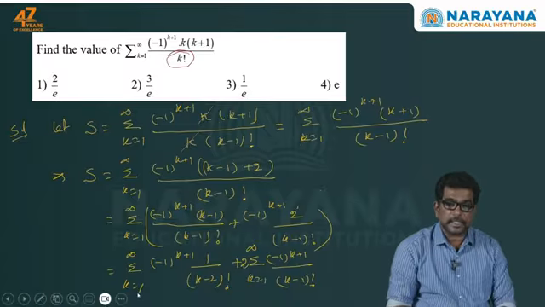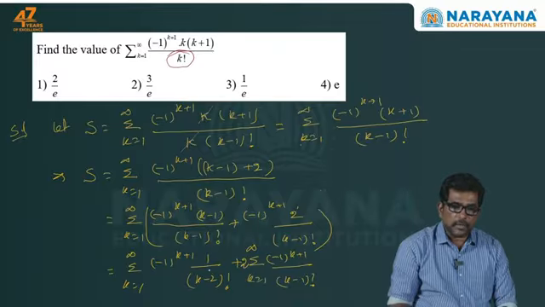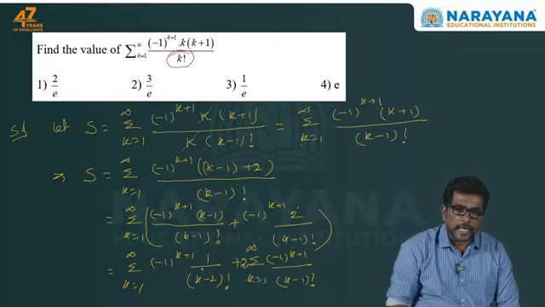The first one is summation k equals 1 to infinity of (-1)^(k+1) upon (k-2) factorial. Now the factorial is defined for non-negative integers.